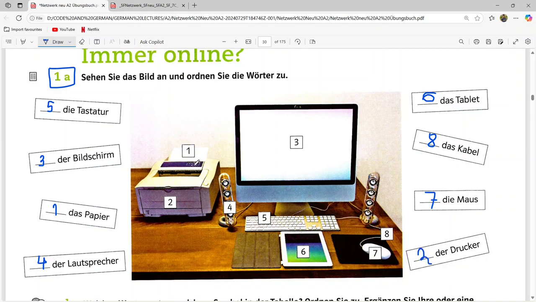Done. So this task is done. We know some vocabularies related to the workplace or related to computer. So Tastatur, keyboard, Bildschirm, monitor, Papier, paper, loudspeaker, tablet, Kabel, cable, mouse, Drucker, printer.